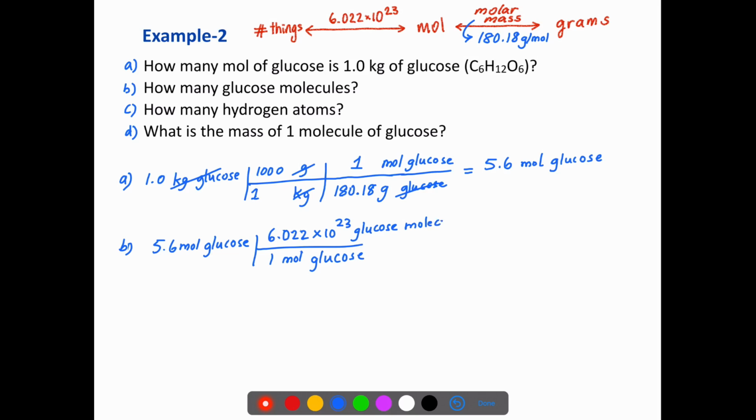Okay, I'm spelling this out for you just so you don't get confused between mole and molecule. So moles cancel out, you get molecules. So that's going to be 3.3, rounded off to 2 sig figs, 3.3 times 10 to the 24. That many glucose molecules.